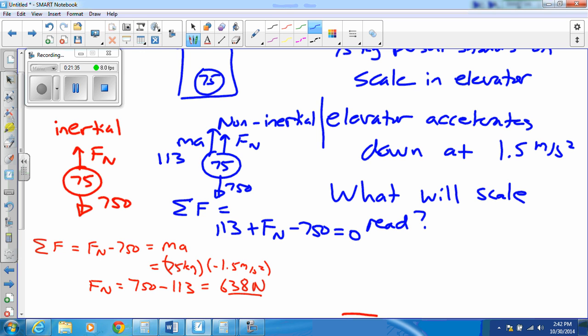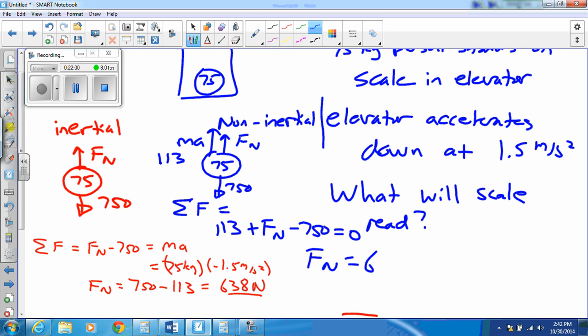Why is it 0? Because inside the elevator, you aren't moving. There is no motion for you inside the elevator, so your sum of forces has to add up to 0. Well, lo and behold, when we solve for the normal force, we get 638 newtons.